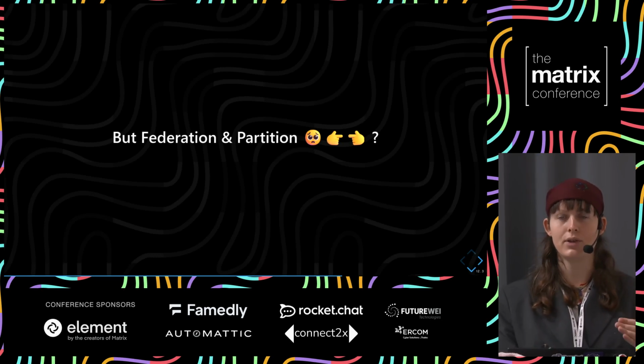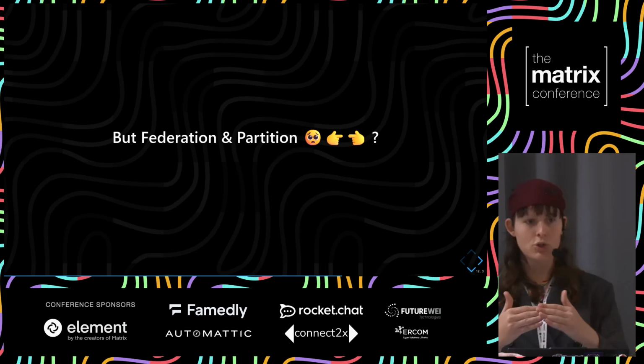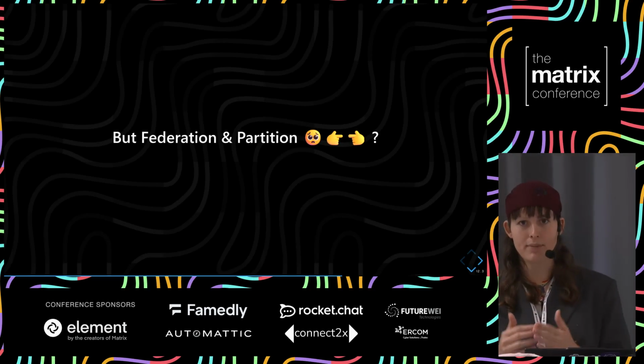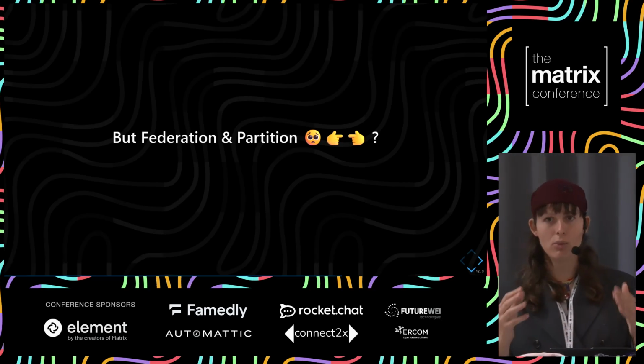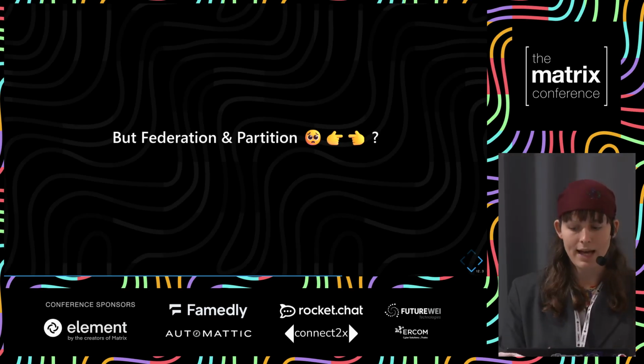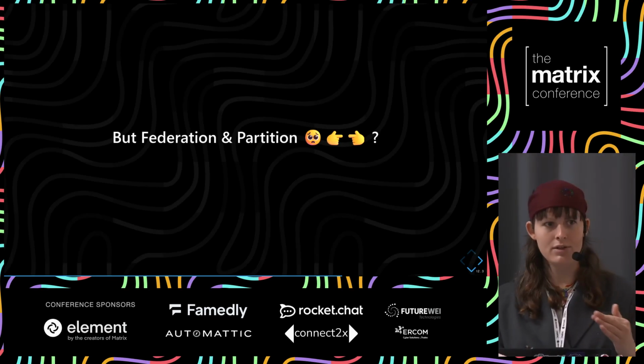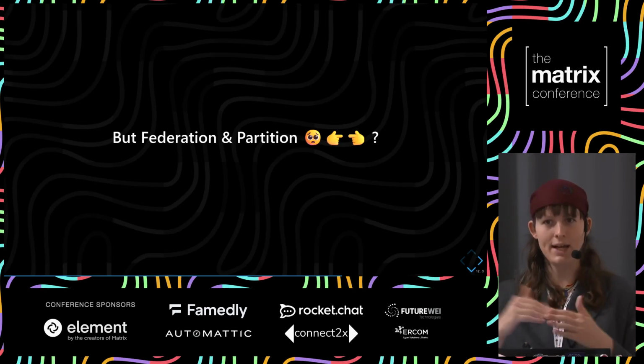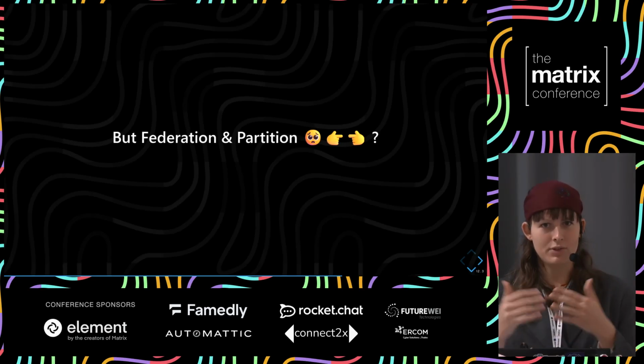So in Matrix, we can fork and rejoin. It's a feature that we can split the network however we like and rejoin it. And that's difficult with the idea of a linear sequence where everyone has the same view on the group.